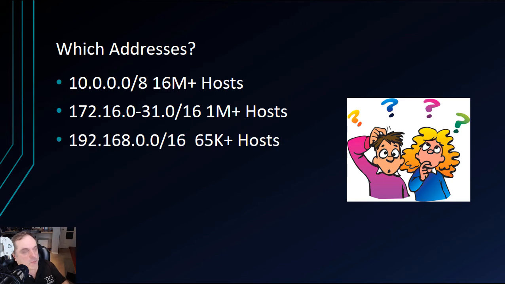Then there's the more common one that people use, 192.168. So if you see an IP address that starts with 192.168, once again, that is an internal IP addressing scheme, and you can use up to 65,000 hosts. Now, through subnetting, which we've covered a little bit in previous videos and we'll cover in upcoming videos, we can change this to be a /17 or /18, but typically the most popular one is a /24, which gives you 254 hosts.